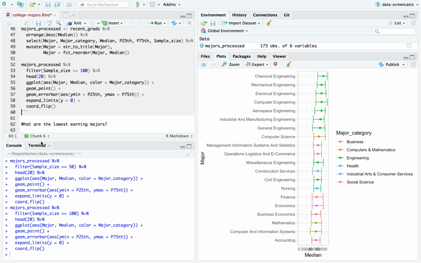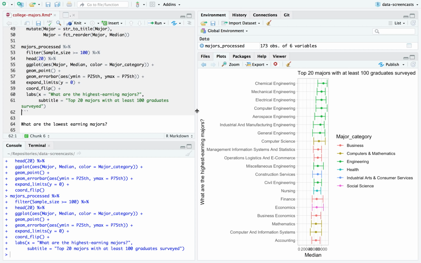This might be what I'd show, and what I would do, I'm going to put this in now so I don't forget, is say, I like to title the graphs of the question. That definitely your mileage may vary. Majors, and I'd say subtitle of majors earning with, I'd say top 20 majors with at least 100 graduates surveyed.